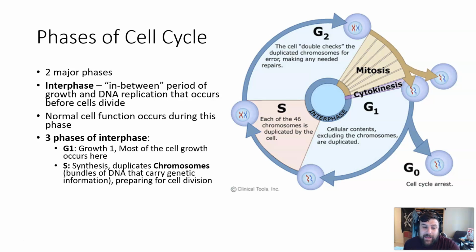Once they reach the end of this phase, they start what is called the S phase, or synthesis. Synthesis duplicates the chromosomes. Now, I'm sure everybody's heard of this term before, chromosomes. Chromosomes are specific bundles of DNA that carry our genetic information. So we already know that DNA is our genetic code, it's our genetic blueprint.